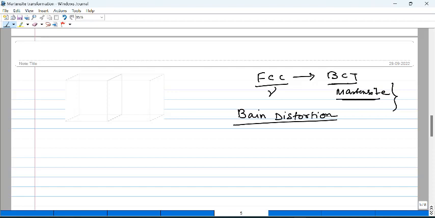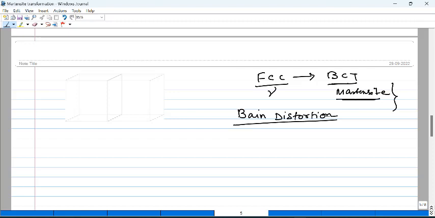If you want to understand what we mean by this Bain distortion, you actually have to look at the FCC lattice in a different way, because in a 3D structure of a crystal lattice, you can look at the arrangement from different perspectives.